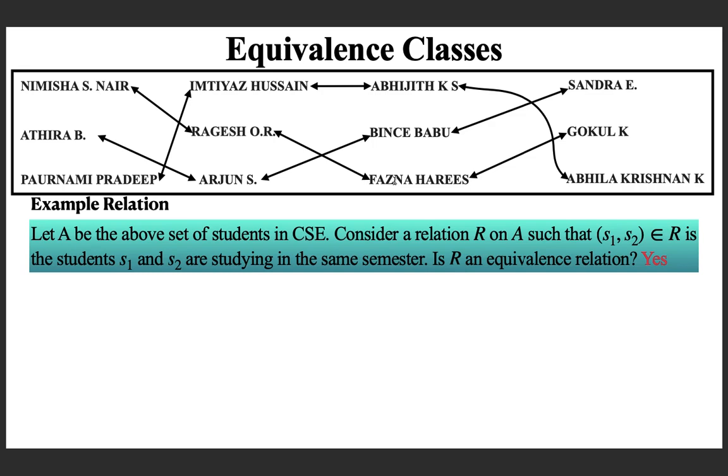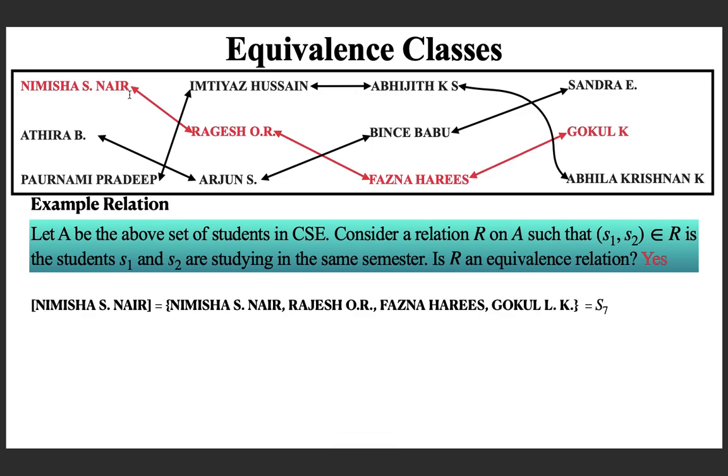And how will you collect it? You start from an element, or from a student. You start from Nimisha S. Nair and you collect all the other students related to Nimisha S. Nair, right? Nimisha S. Nair is related to Rajesh Awar, and Rajesh Awar is related to Fasna Harris, and from transitivity Nimisha S. Nair is related to Fasna Harris. Similarly, it extends to Google LK also. So that is the first set.